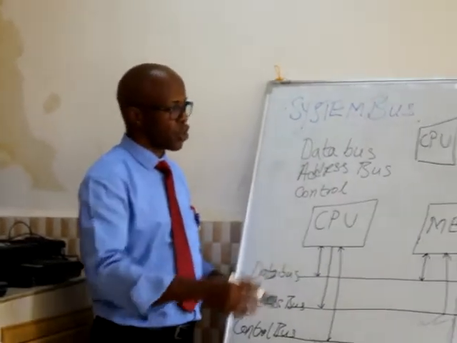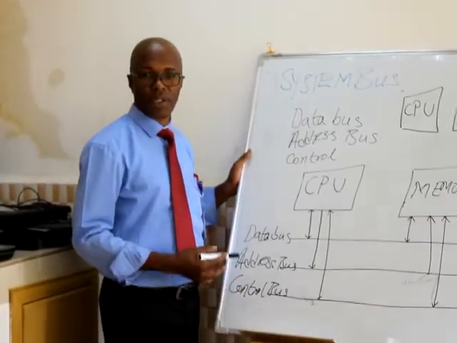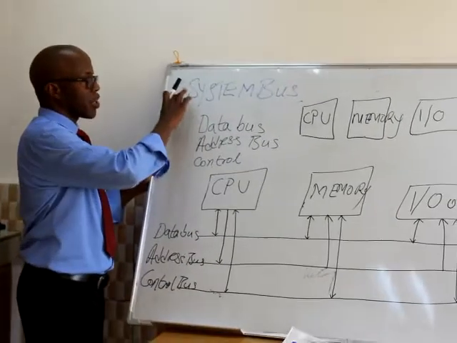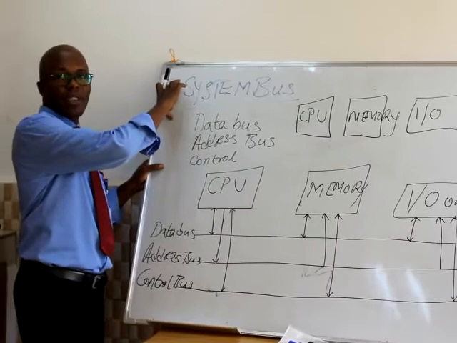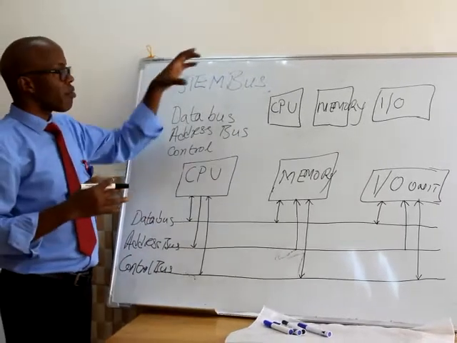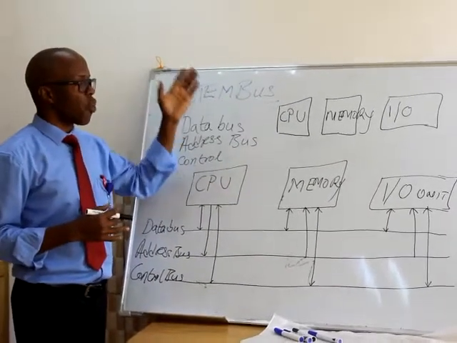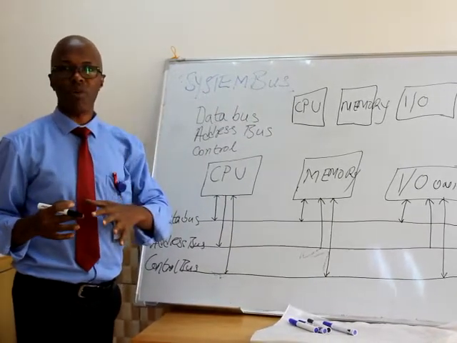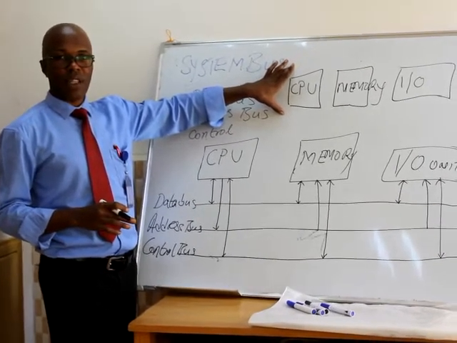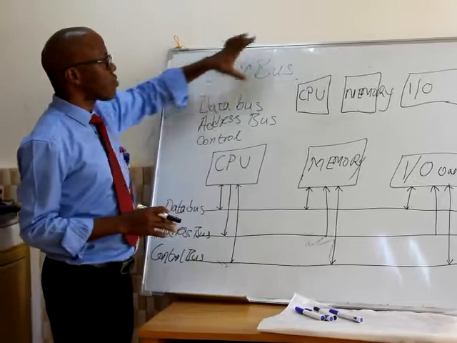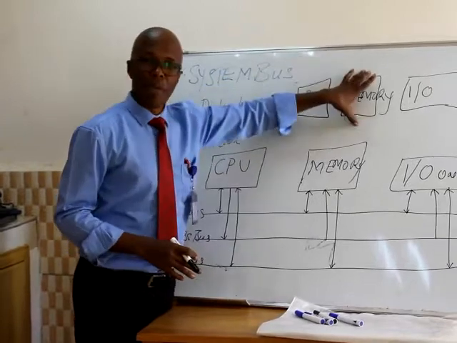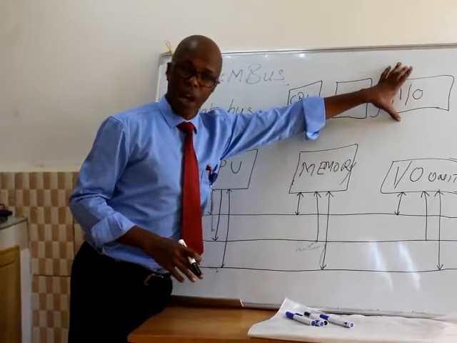I would like to summarize all about the system bus. As I have said, we have the system bus, which we have defined as a communication channel, a link of communication, for transfer of data between one component and another component. The main components which the system bus connects are three: the CPU, memory, and the input-output devices.